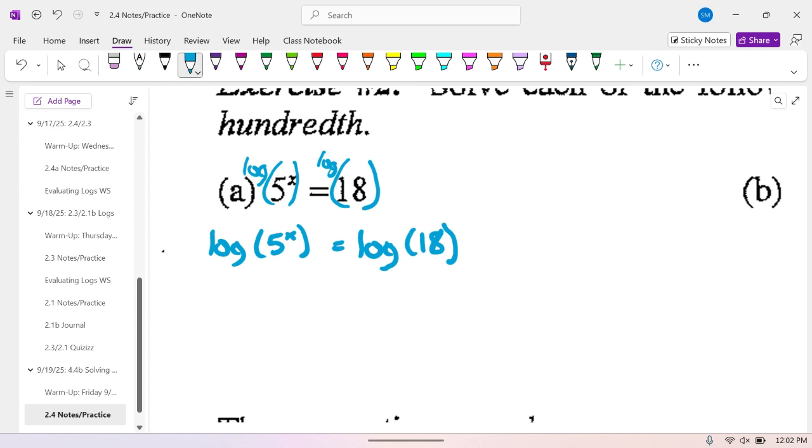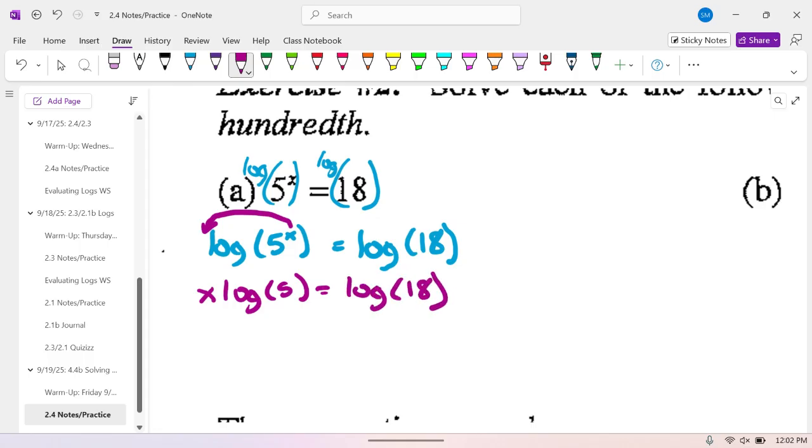So once I'm here, what's my next step? Right, we've got to bring out the x. So the x is coming out. So this is x log of 5 is equal to the log of 18.